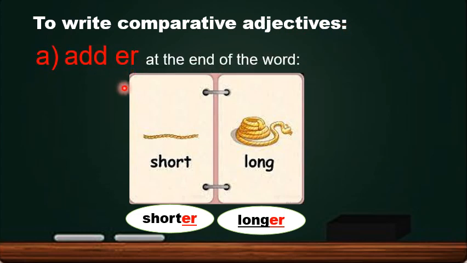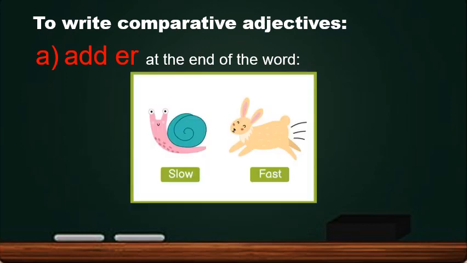Rule number 1. Add er at the end of the word. For example, short becomes shorter. We add er at the end of t, shorter. Long becomes longer. We add er at the end of g, longer. Let's look at the next example, slow and fast.